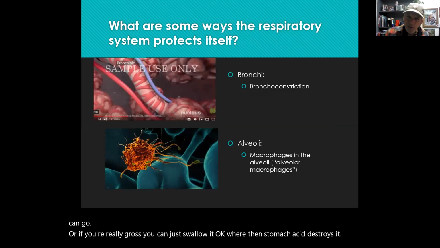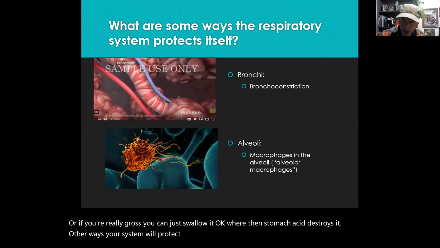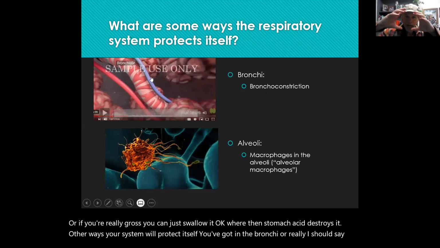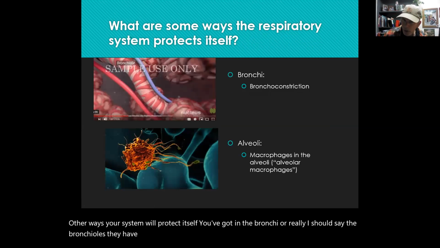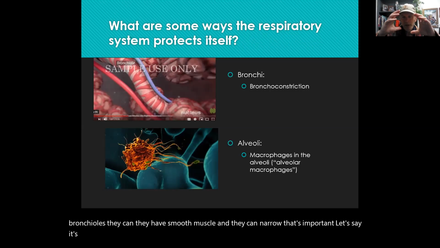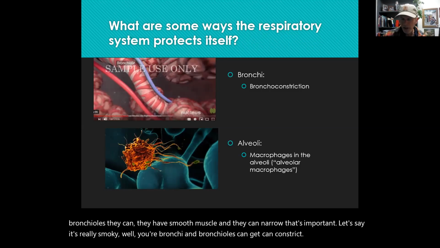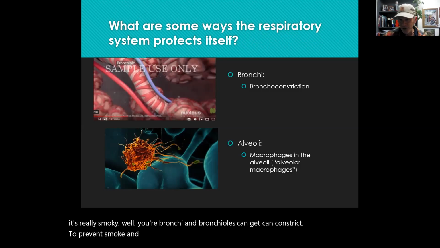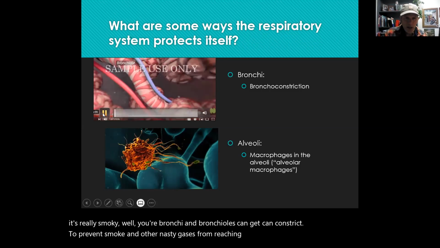Other ways your system will protect itself: in the bronchi, or really I should say the bronchioles, they have smooth muscle and they can narrow. That's important. Let's say it's really smoky. Well, your bronchi and bronchioles can constrict to prevent smoke and other nasty gases from reaching the very delicate alveoli.